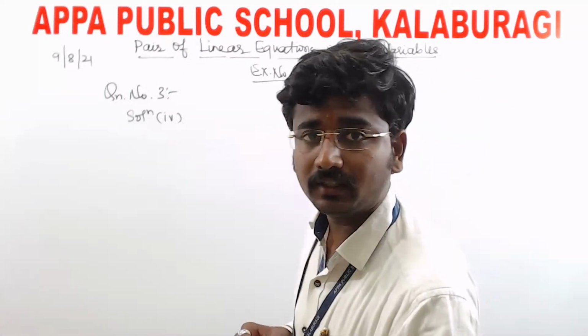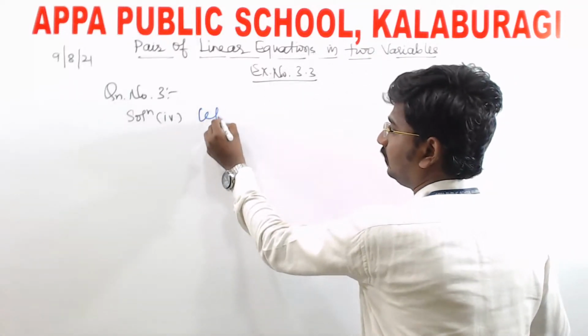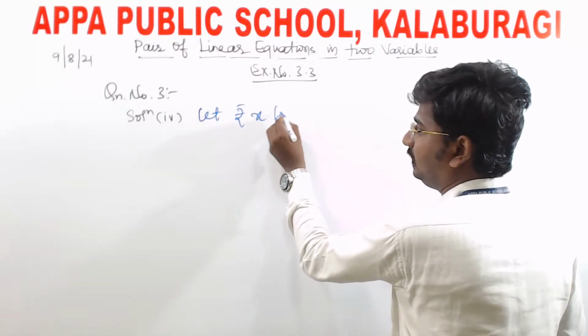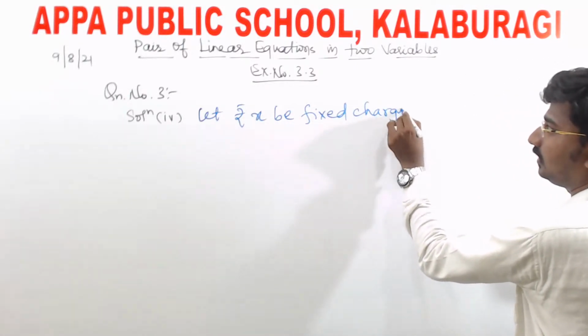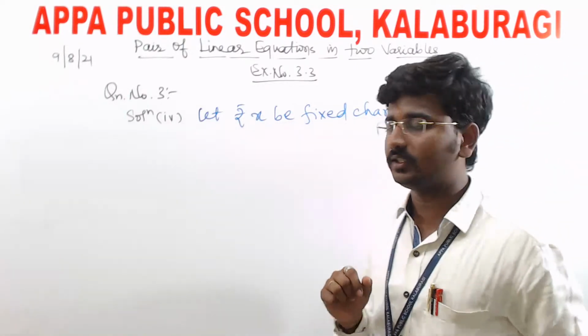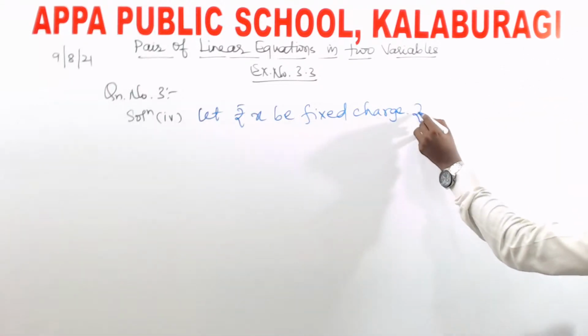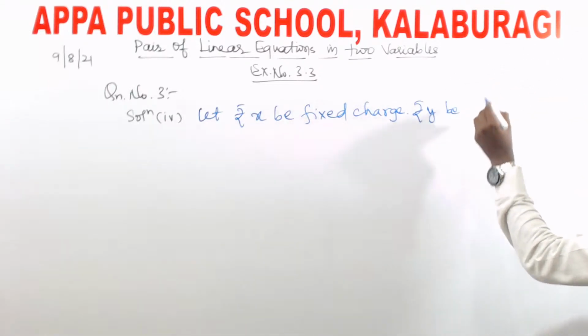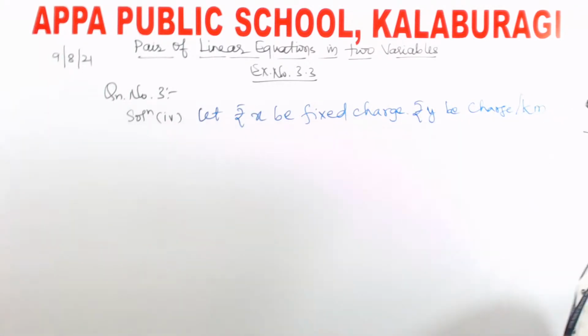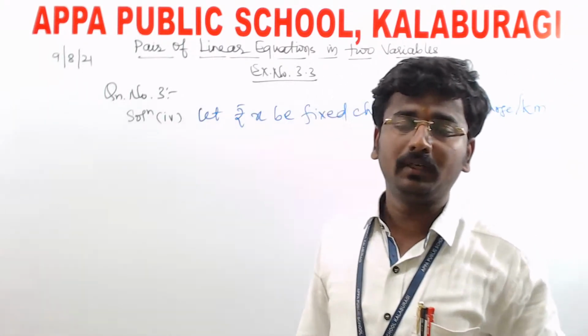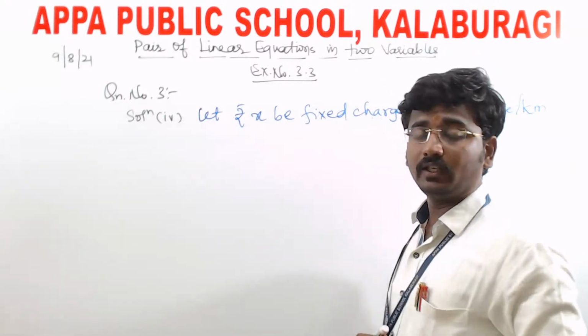So what do I say first? Let rupees x be the fixed charge, rupees y be the extra charge per kilometer. Now what was the condition here?